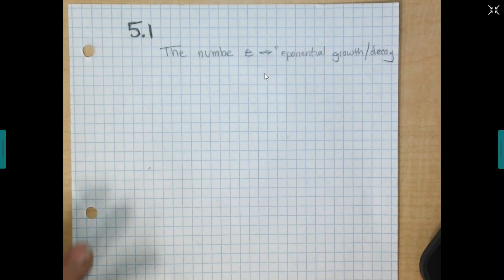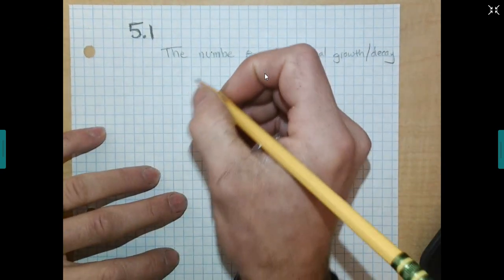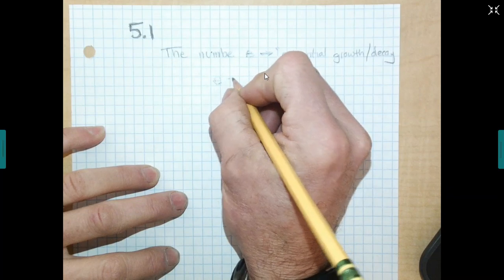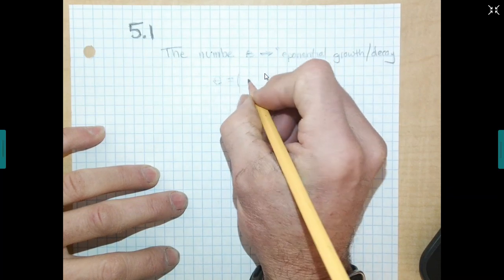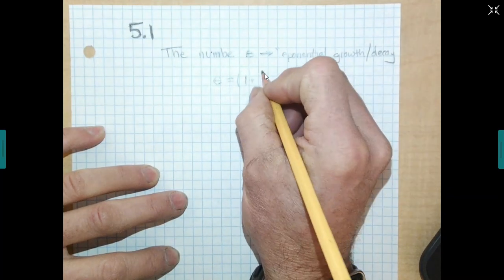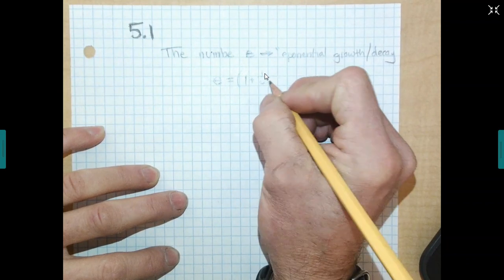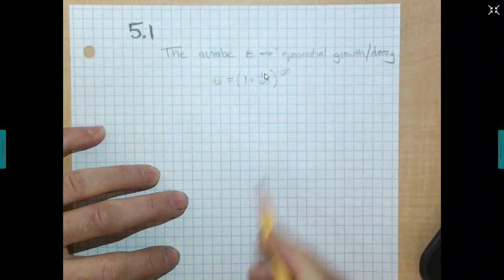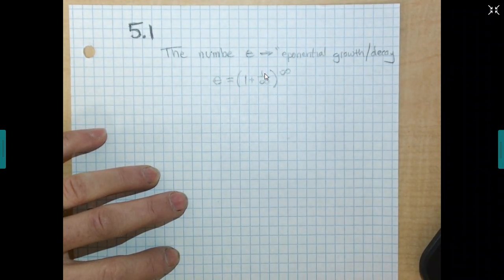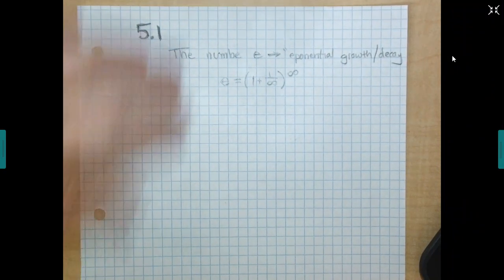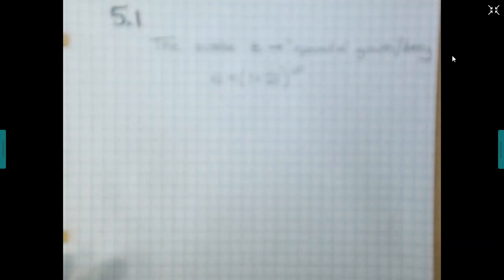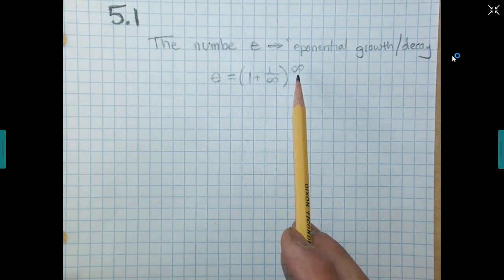Well, the number e equals, you won't have to know this, but so that you know where it comes from, 1 plus or minus 1 over infinity, to the exponent of infinity. That is what e equals.